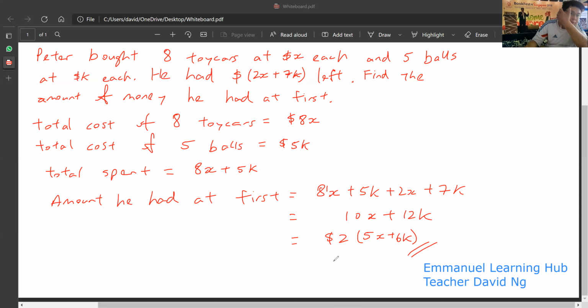Why is there square? Never mind. You cannot square. Square is multiplied by itself. That's a conceptual misunderstanding. Okay.